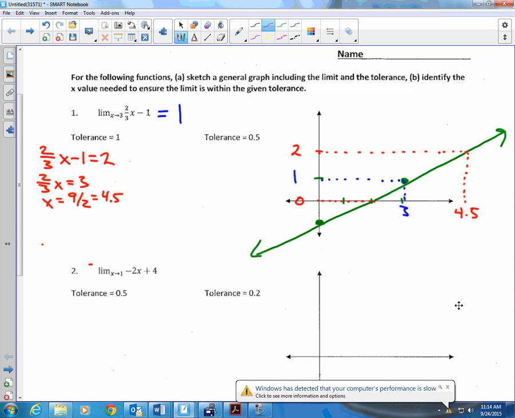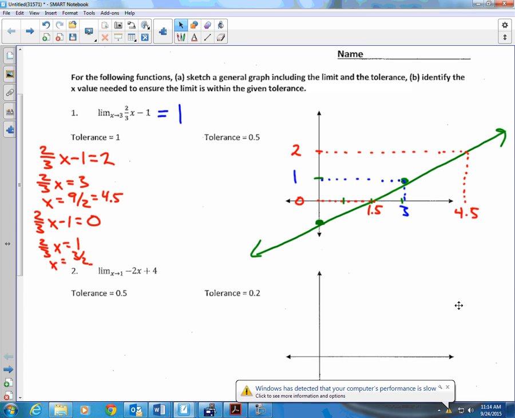Okay, I did 1. Now I've got to do the other. So 2/3 x minus 1 is equal to 0. 2/3 x is equal to 1. x is equal to 3/2, which is 1.5. Finish off this little idea.